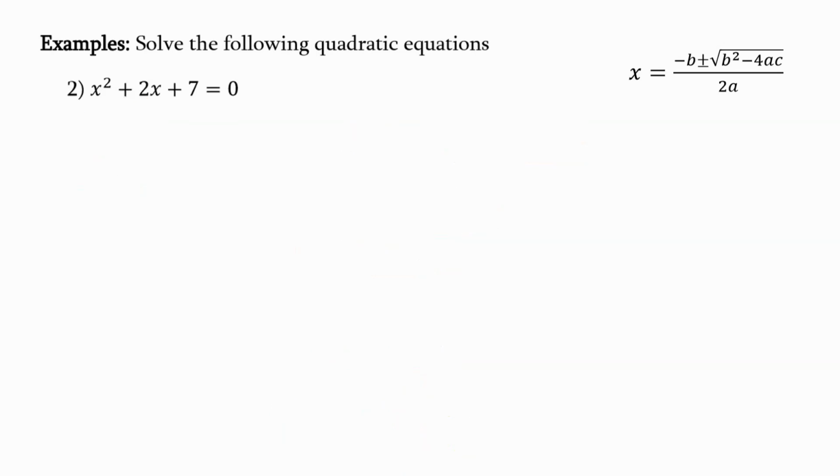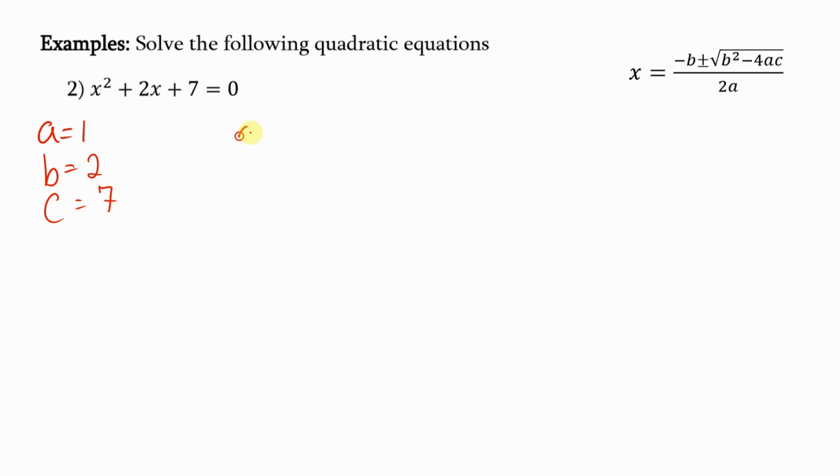We'll try another one here. Most of these are very hard to factor, which is why we would use the quadratic formula. Again, looking at our quadratic equation, a is equal to 1, b is equal to 2, and c is equal to 7.